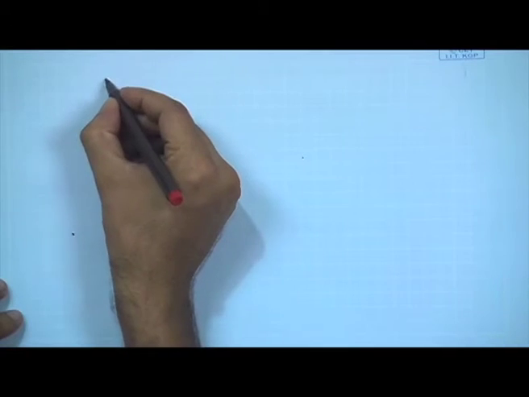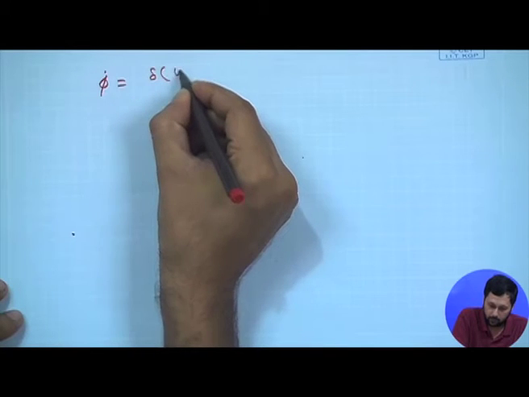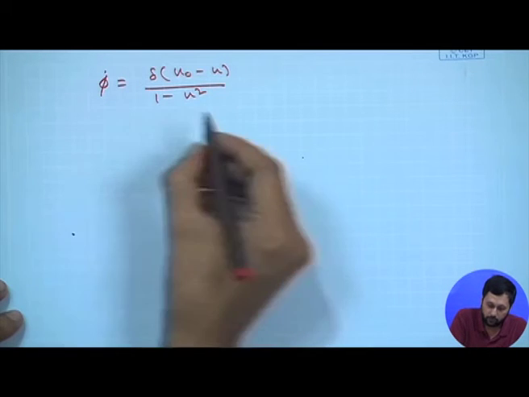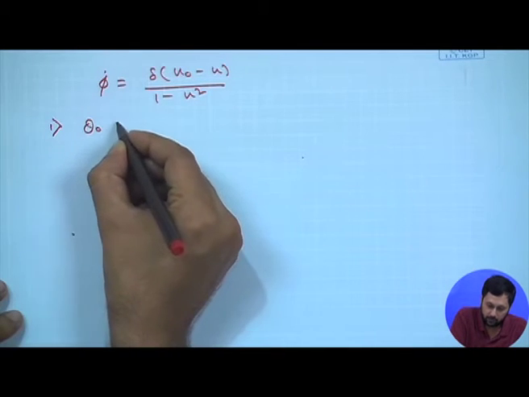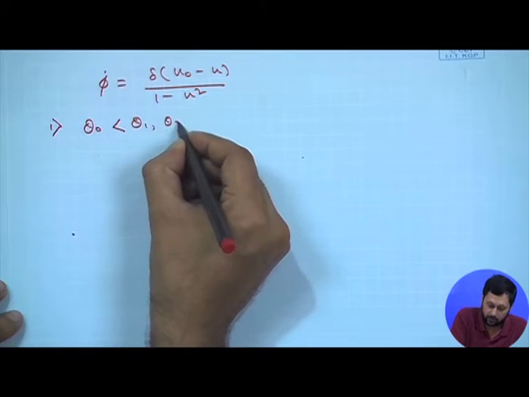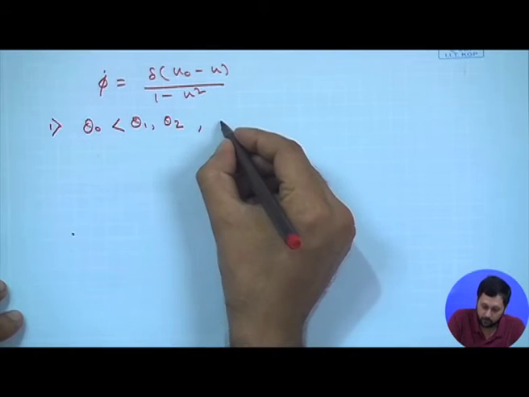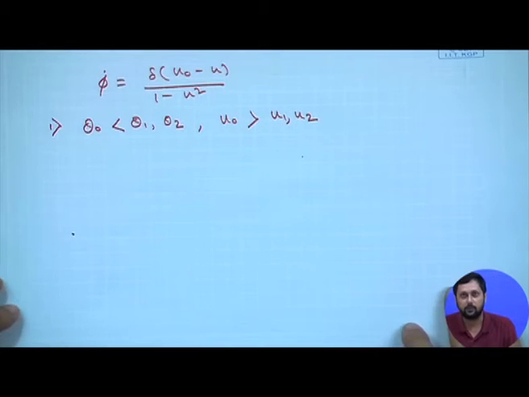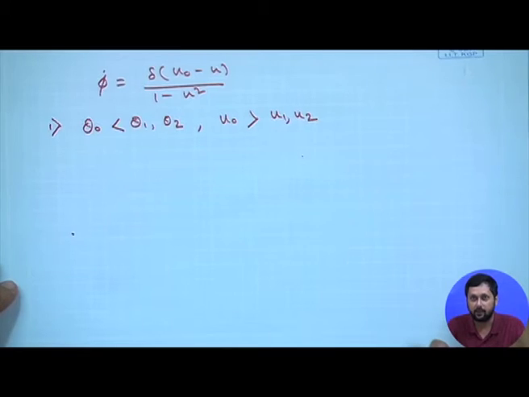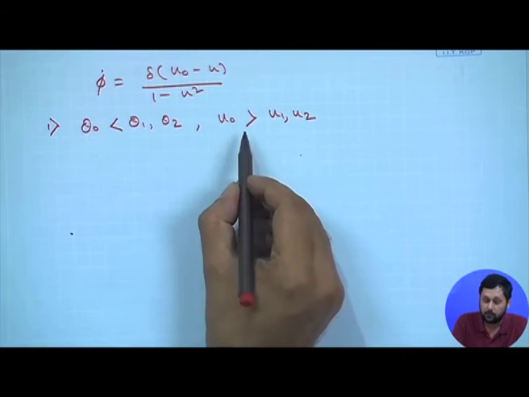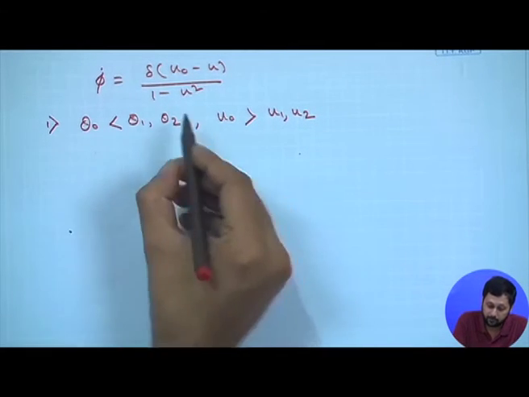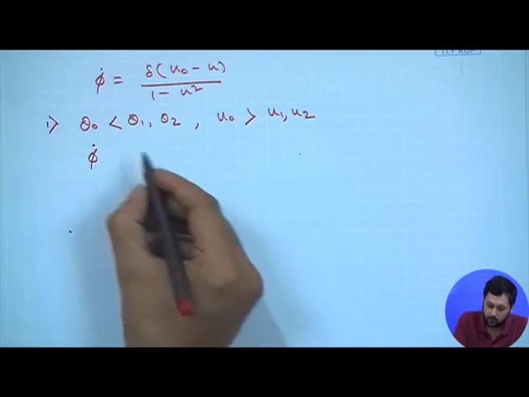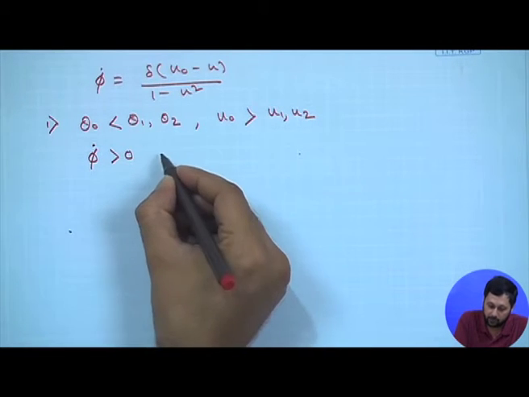So, phi dot is equal to gamma (u 0 minus u 1 minus u square). When case 1, when theta 0 is less than both theta 1 and theta 2, which corresponds to u 0 greater than both u 1 and u 2, because the trends of theta and u are opposite to each other, then at both the limits u 1 and u 2, phi dot becomes greater than 0.